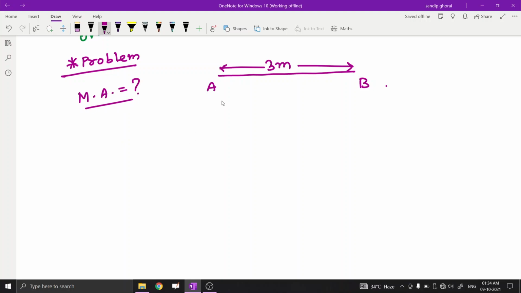So here we find the mechanical advantage of the lever when the fulcrum is situated at a distance of 120 centimeter from the load. This is the fulcrum point F, and this is the load.